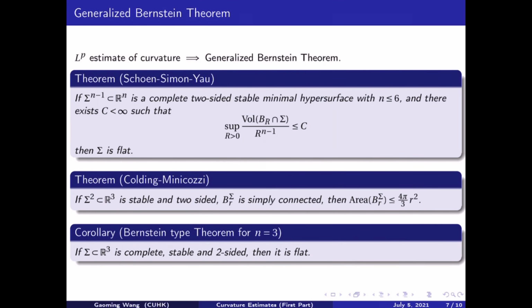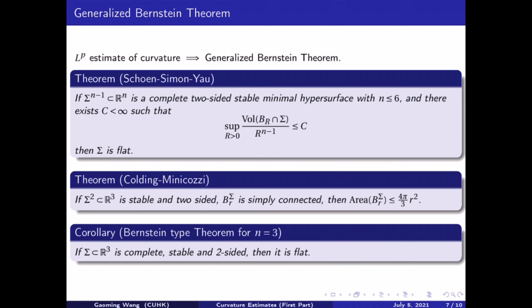From the L^p curvature estimate, we can get the generalized Bernstein theorem. Simon and Yau's result says that for any stable minimal hypersurface Σ, which is complete and two-sided with n not greater than 6, and volume growth at most CR^{n-1}, then Σ is flat.